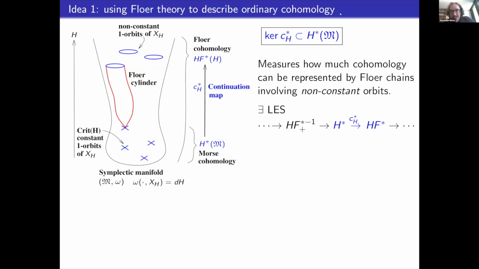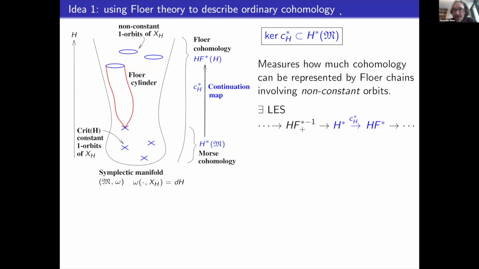So the protagonist of the talk is the kernel of this continuation map. What this does is it measures how much of the ordinary cohomology can be represented by Floer chains that involve non-constant orbits.